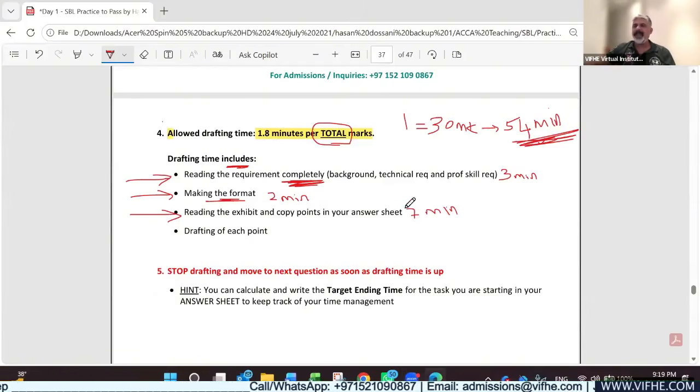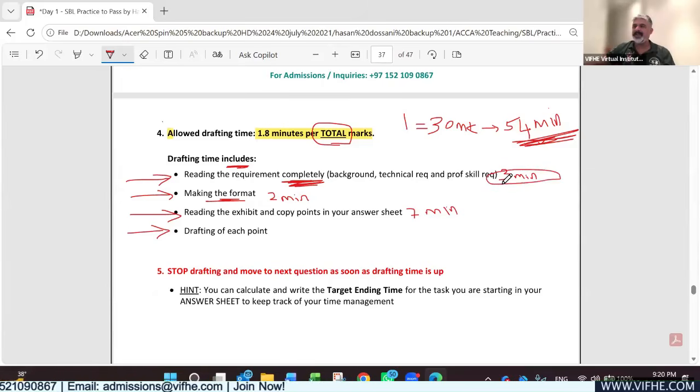Then you will come to your drafting, where for each point you will draft. So how much time did we spend? We spend 3 minutes on reading the requirement. We spend 2 minutes on making the format. We spend 7 minutes on the exhibit, 7, 8, 9, 10, 11.